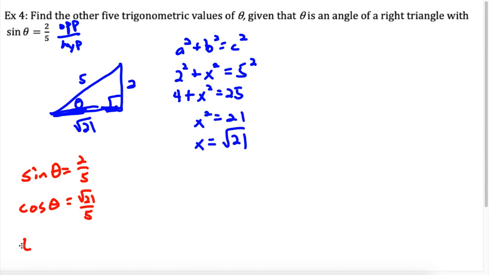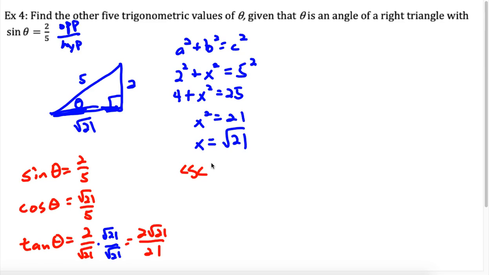All right. Then tangent of theta would be opposite over adjacent. So 2 over the square root of 21. We need to rationalize, so multiply by the square root of 21 over the square root of 21, and we'll get 2 radical 21 over 21. Then my other 3 are just the reciprocals, so cosecant is going to be 5 over 2.